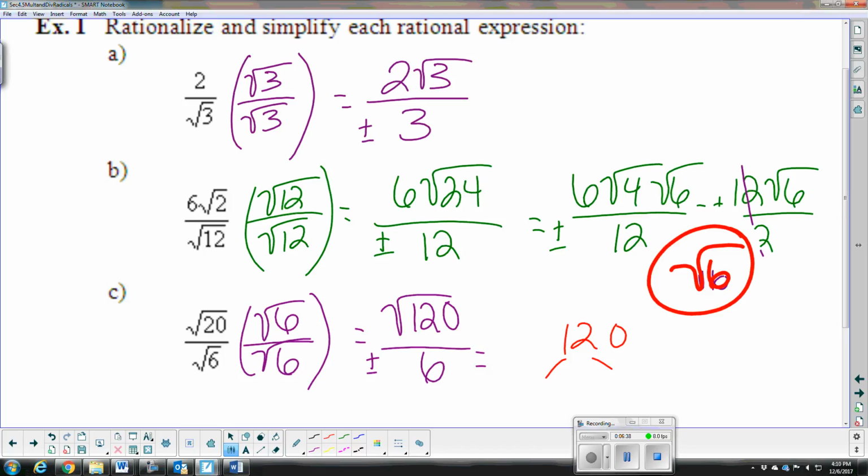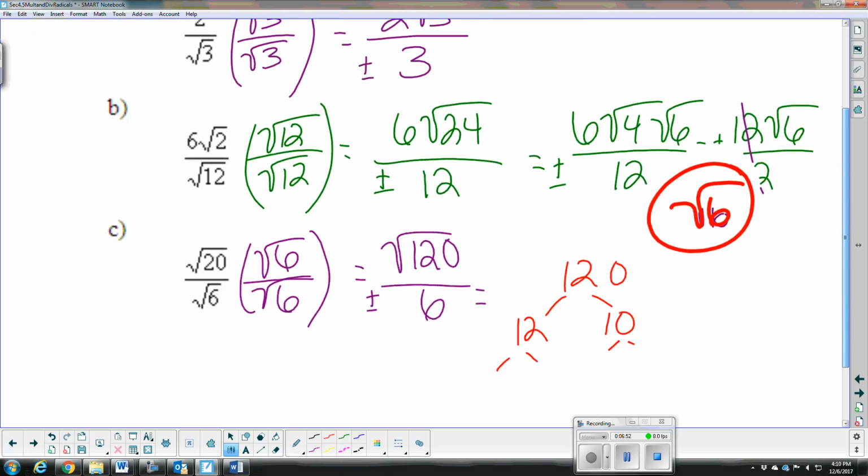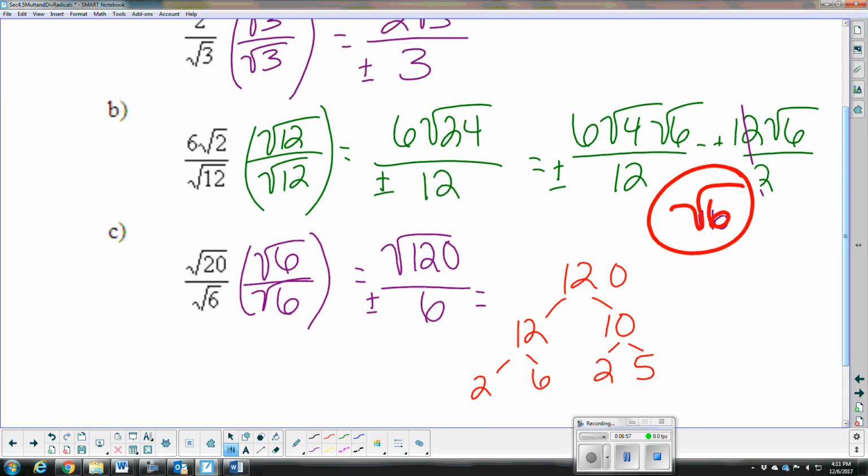So we're looking for the largest perfect square. 12 and 10, neither of those are perfect squares. Then we've got 2 and 6, and 2 and 5. So it looks like 4 is our largest perfect square here, because then we have a 2, a 3, and 5 that are just kind of left over.